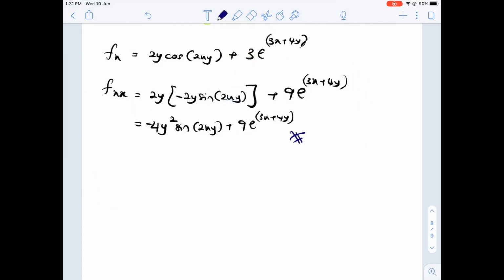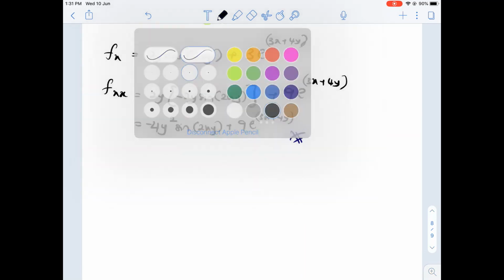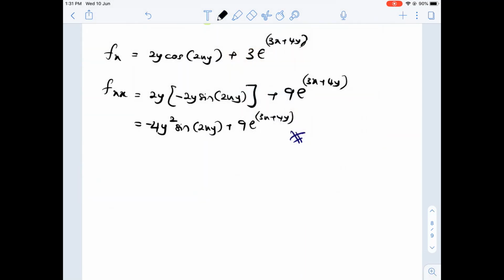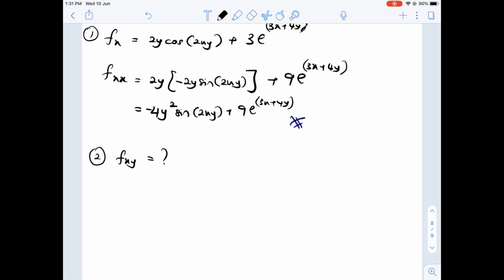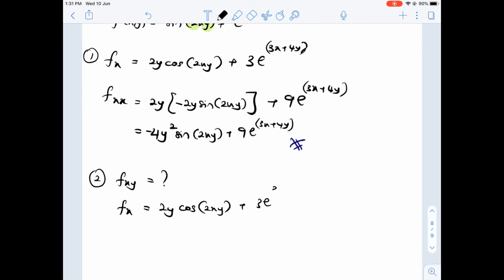Done. Okay, next. The question asks you to find fxy. Okay, guys, fxy. So let me rewrite again fx. So we have 2y cos 2xy plus 3 exponent 3x plus 4y.